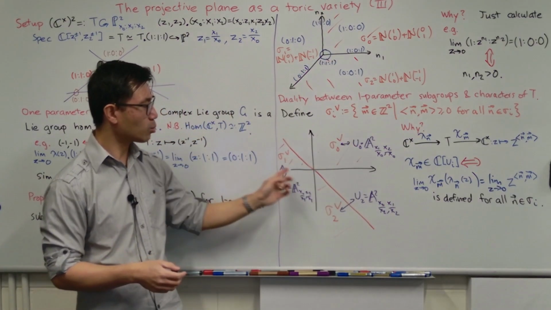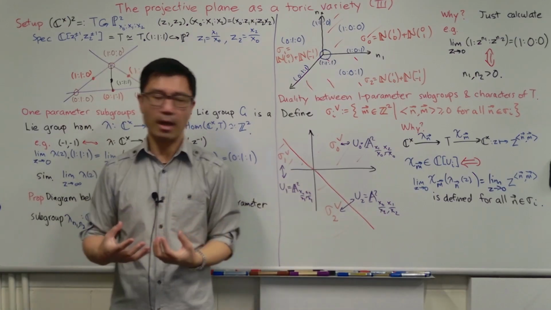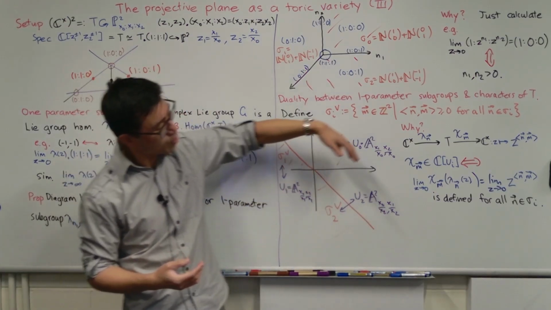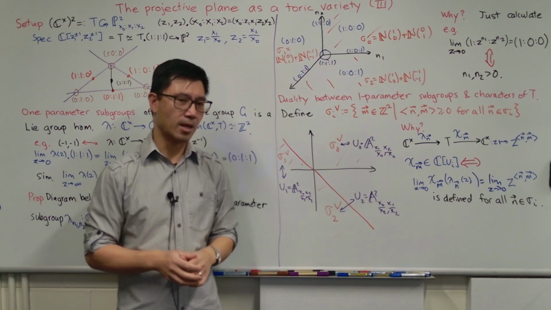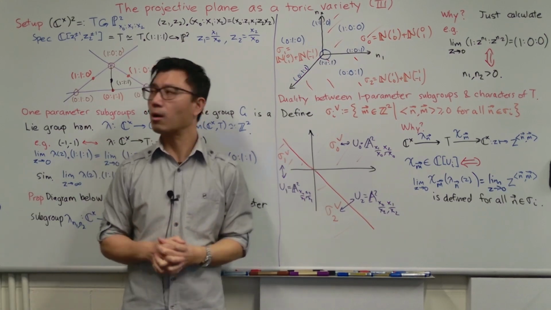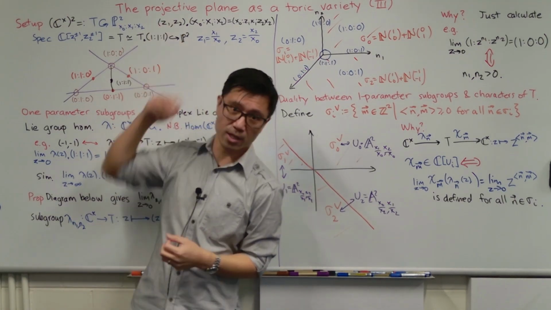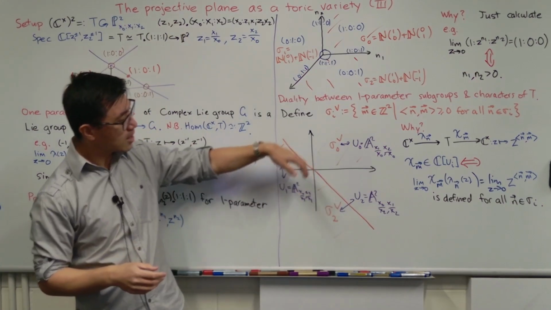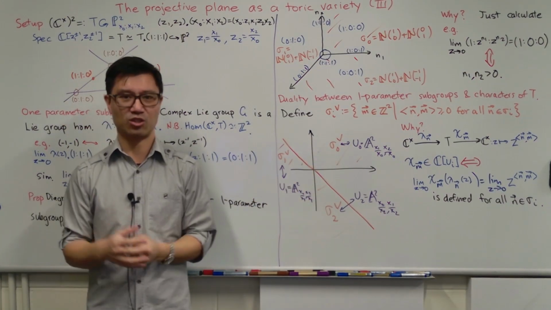And these dual cones will give you these affine patches. And furthermore, if you analyze a bit further, and I'll show you how this works in general when we study the toric varieties more generally, you can see how these affine patches really patch together.